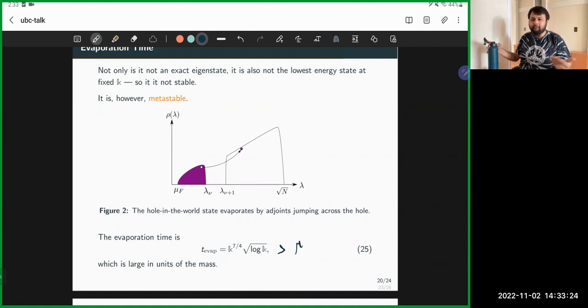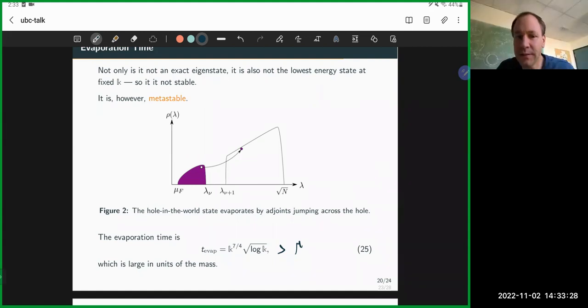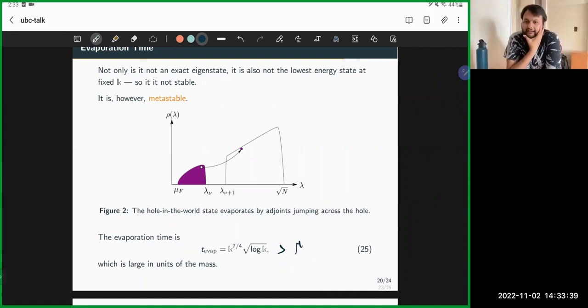Also it's a very rough estimate, so maybe there's some way to make it better. Yeah, I think the importance of this is just that it's long-lived. At this point there is no clear importance to the actual value.